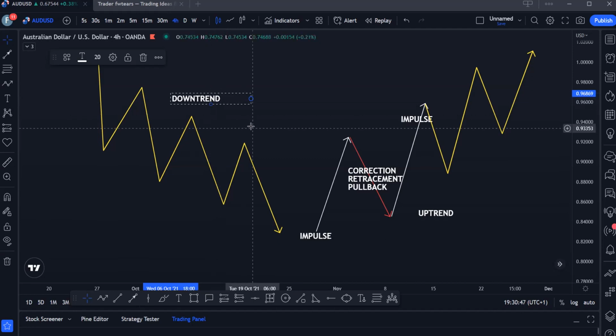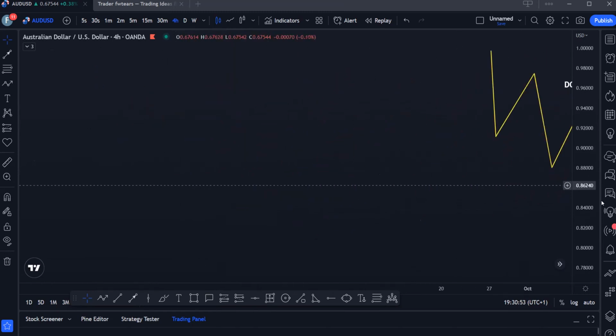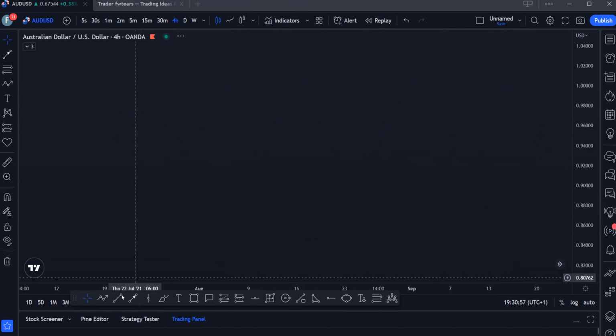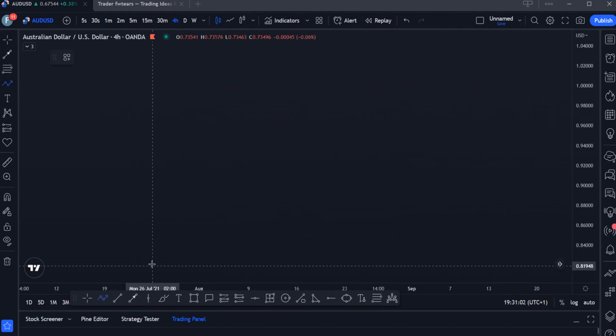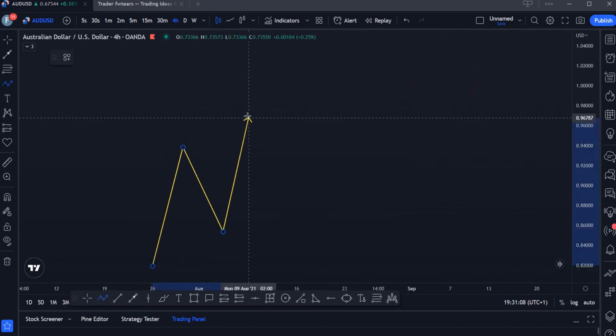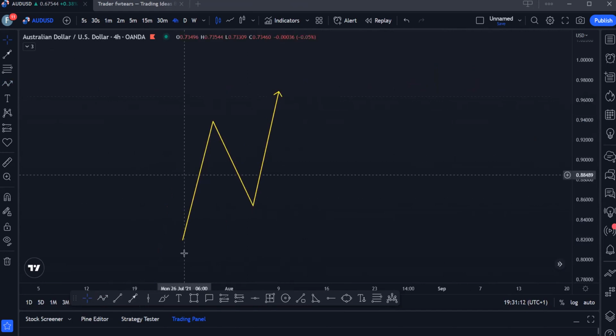So let's go deeper into our understanding of trend. Okay, let's go deeper. Let's use a microscope and see it on another level. Okay, so we have this impulse, correction, impulse. All right, so this is an uptrend, isn't it?